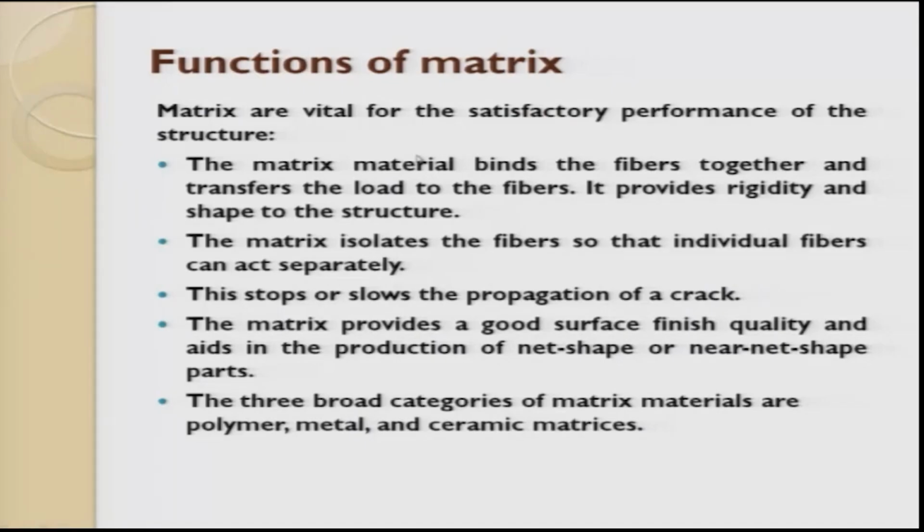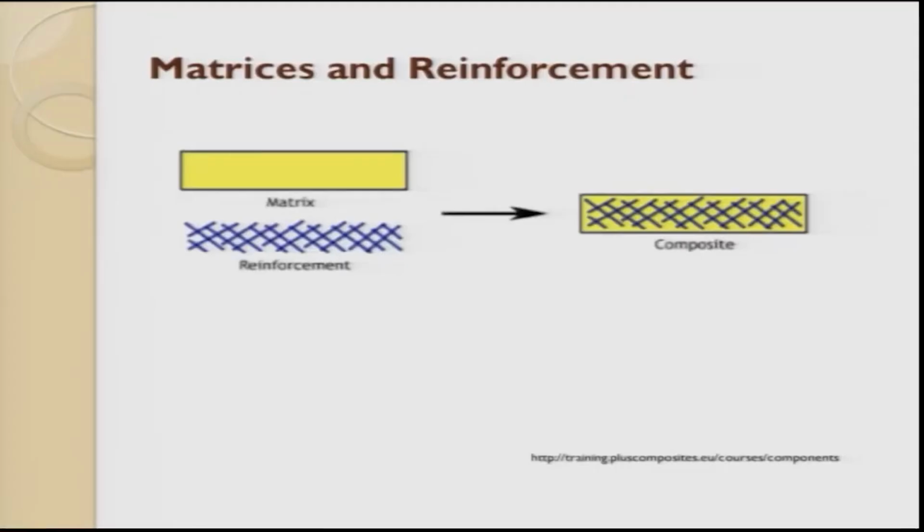So before getting into understanding the thermoplastic and thermoset matrices, let us first try to understand what is the function of a matrix. Let me go back to the figure which we discussed earlier. In this figure, you see that it takes a broad base, and in that broad base, the reinforcement is pushed inside.